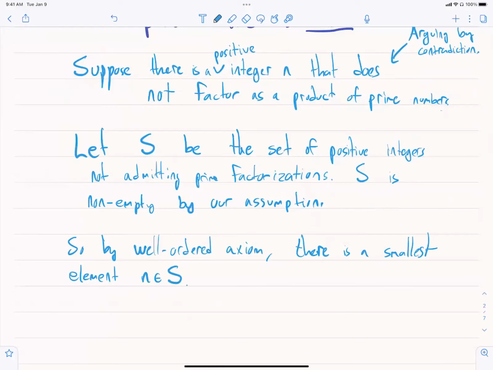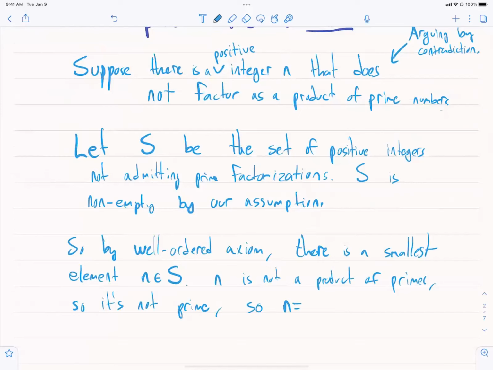Okay. Well, n is in S, so it's not a product of prime numbers. So in particular, it's not prime. So I can factor n as a times b for a, b positive numbers.